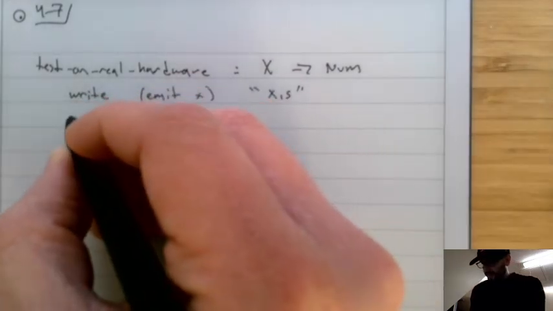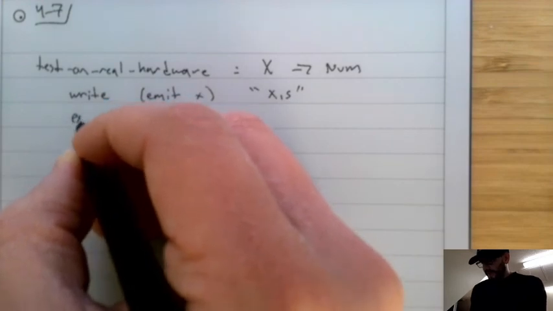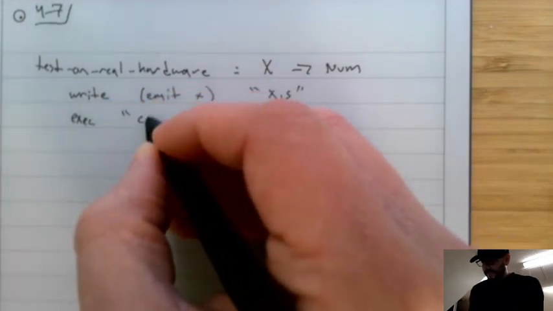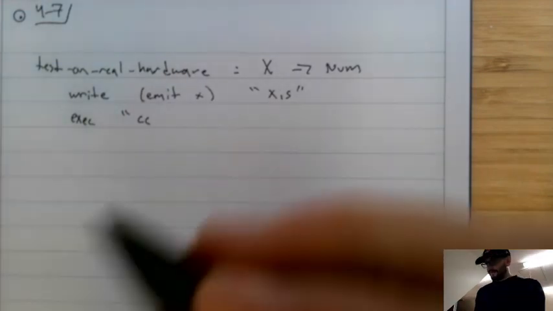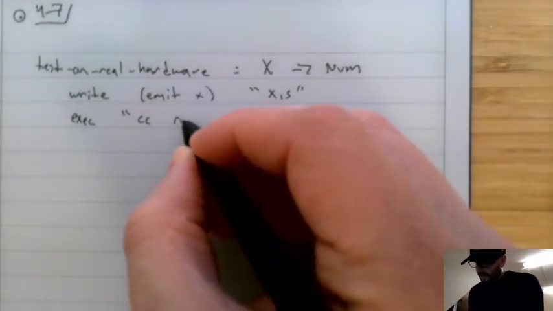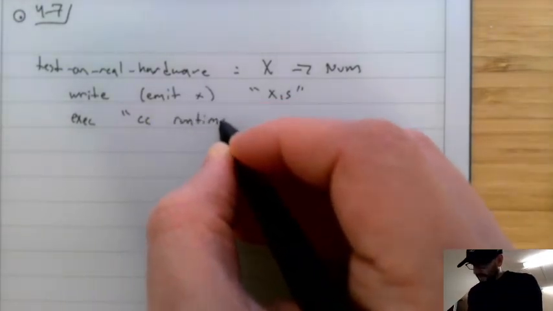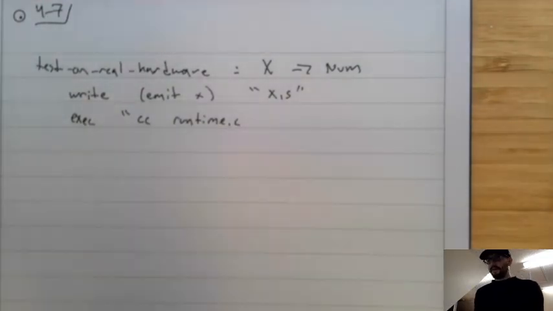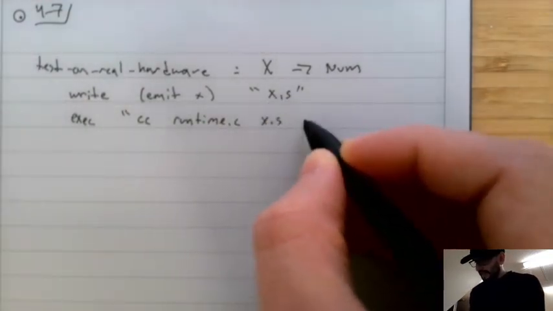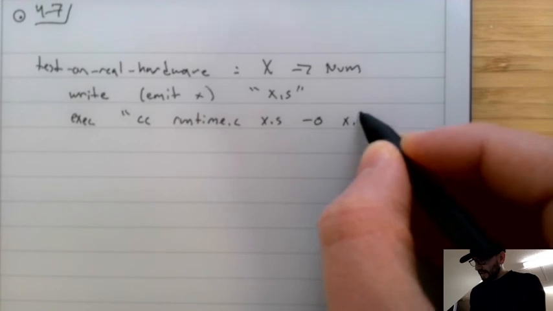Then I'm going to execute cc, that's a C compiler, runtime.c, that's my runtime, x.s, and then I'm going to output x.bin.